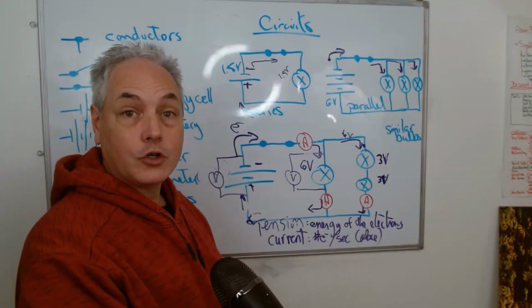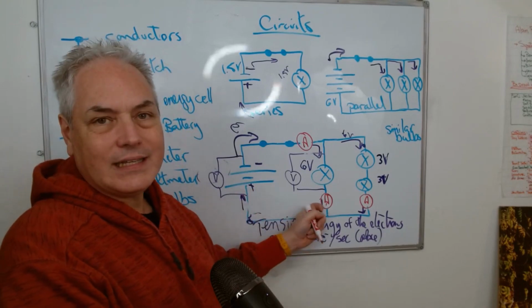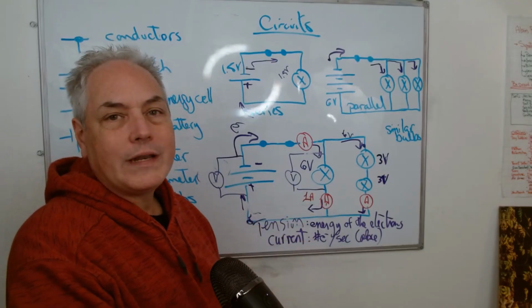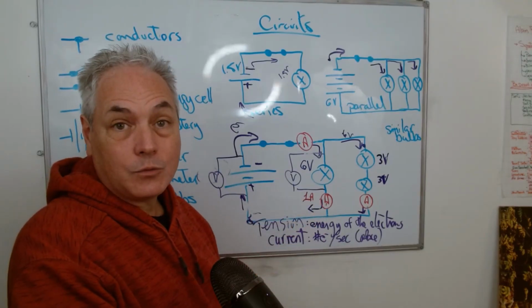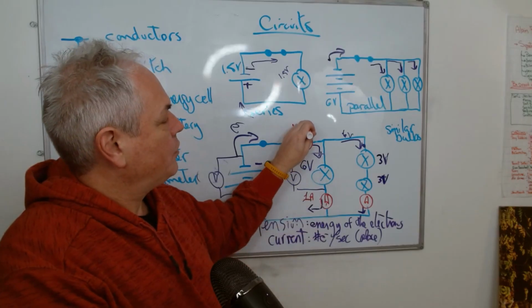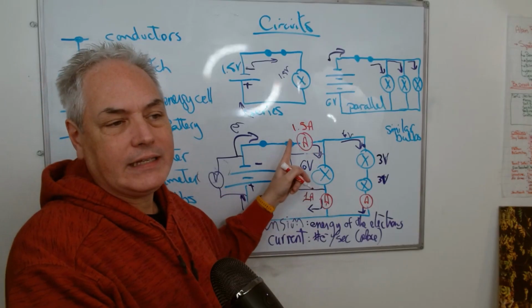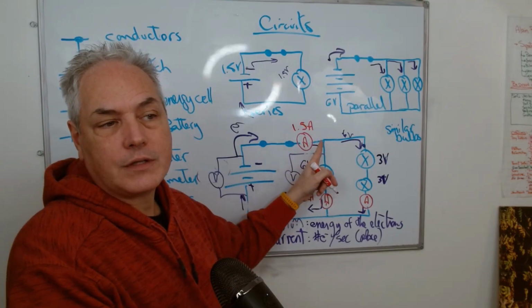Good. So how do we look at numbers here? So here I'm going to say that there is one amp going through this circuit right here. And what I will say is that I have 1.5 amp going through this ammeter right here. So here we have the total number of electrons going through this way.